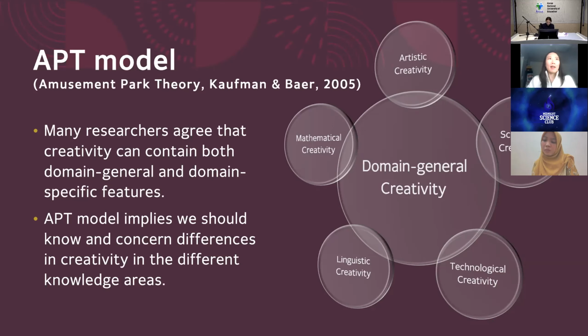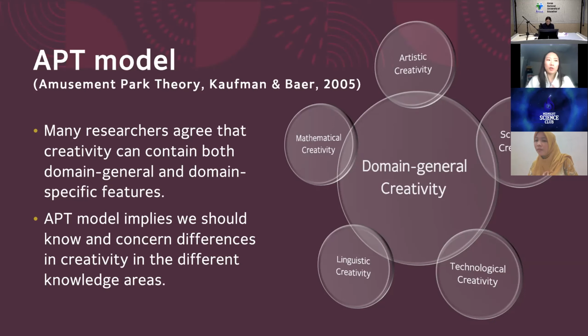And the APT model implies we should know and be concerned with differences of creativity in different knowledge areas. This diversity is especially seen in the light of art and science, which are hugely different in their aims.